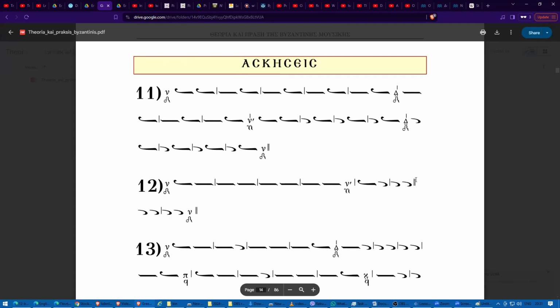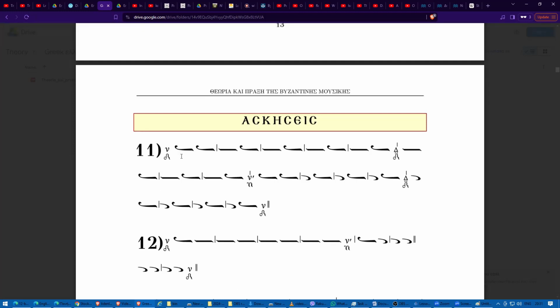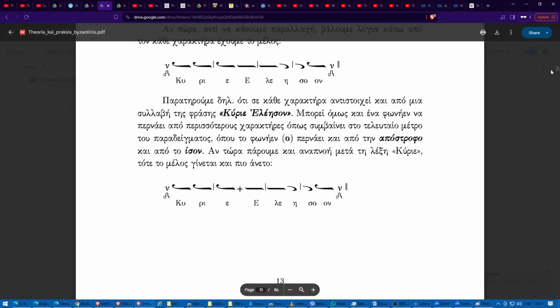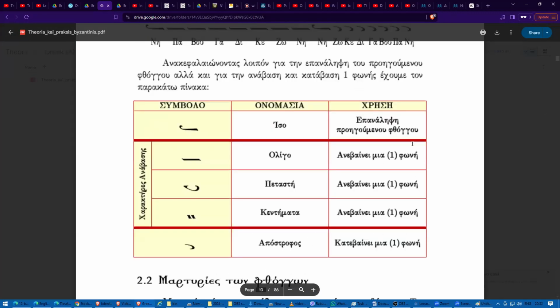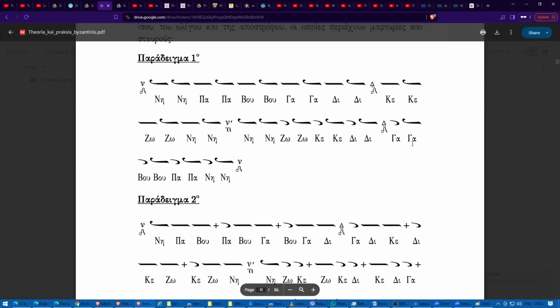You don't have to print the whole thing unless you find that it helps you. And with a pencil or a pen, you can write the notes underneath, just like we had it in the first exercises.